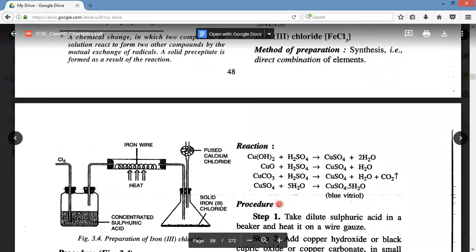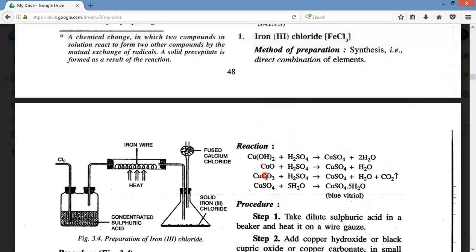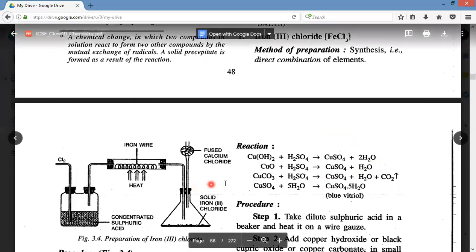When we are taking any of those compounds and treating with the sulfuric acid, you can check from the first three reactions, there will be a formation of copper sulfate with water, except in the third reaction where carbon dioxide is also forming, because carbonate salts always form carbon dioxide, which turns lime water milky.